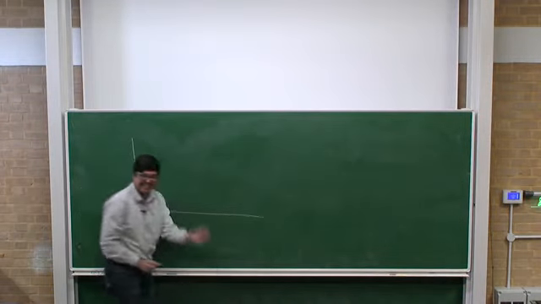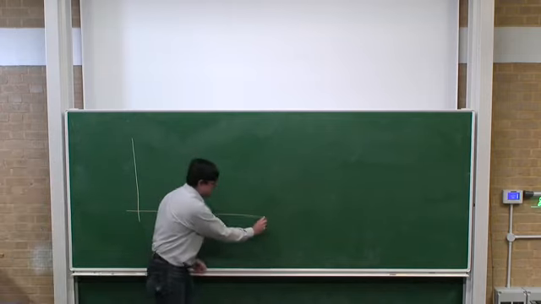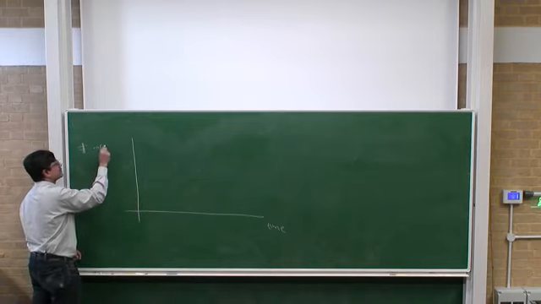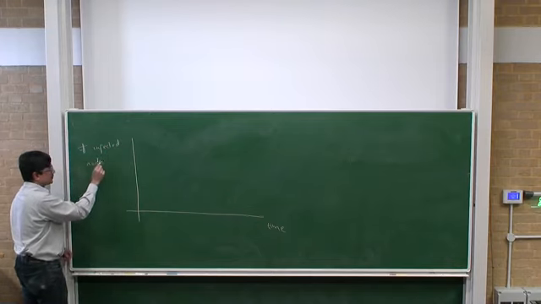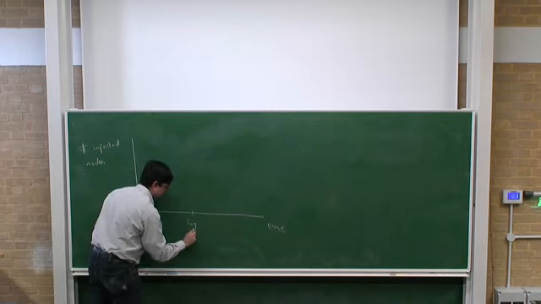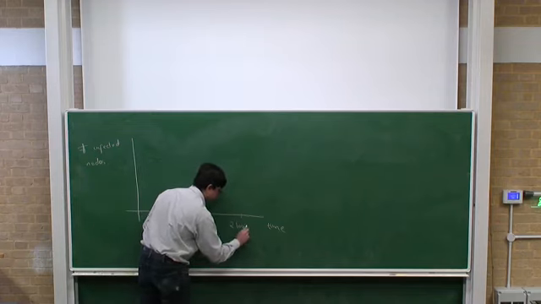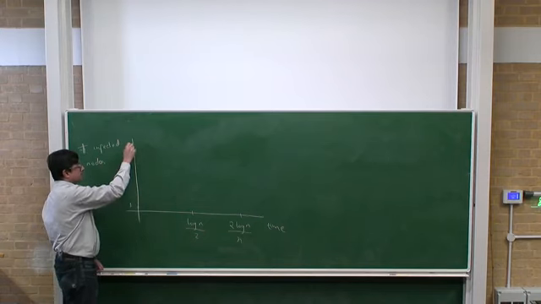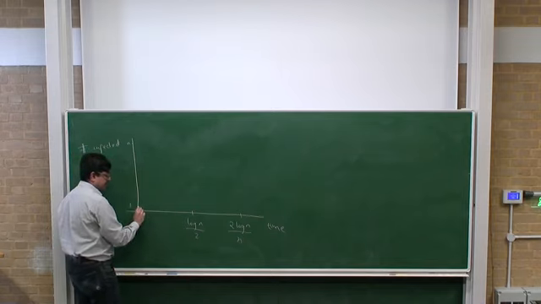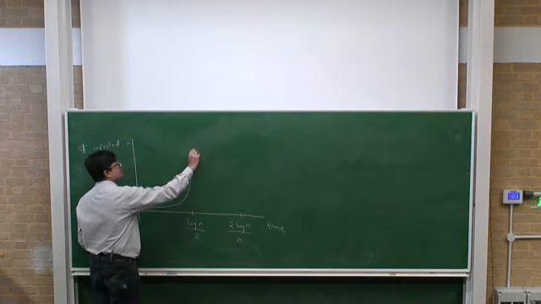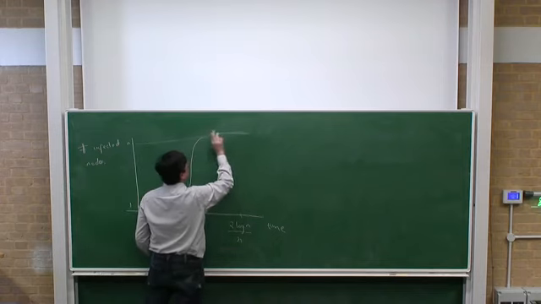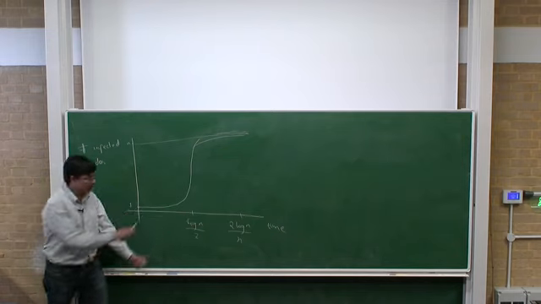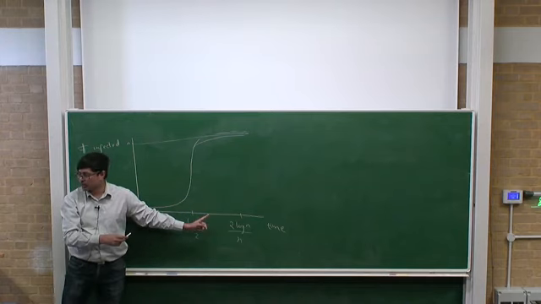If you look at time and number of infected nodes, then what you see is that you start from 1, you go up to N, but there's a sharp transition at log N over N. Initially there are very few nodes infected, and around time log N over N, it goes from a fraction 0 of infected nodes to a fraction 1, basically.